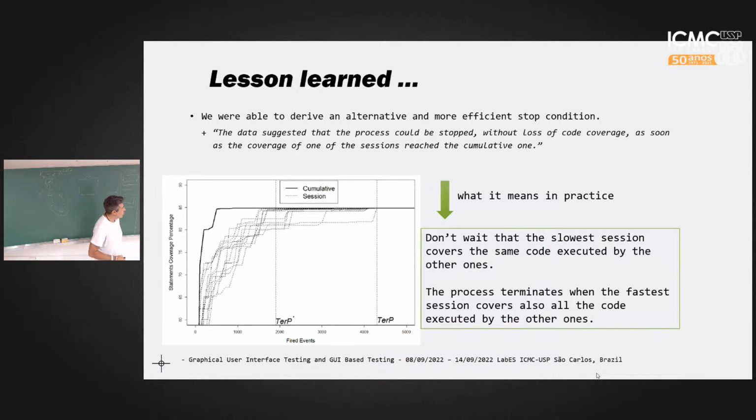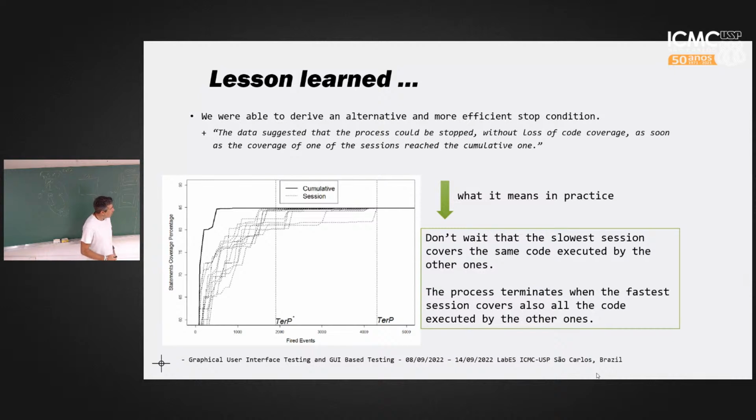In other words, I stop when the smartest or the luckiest of us covers all the reachable code or all the reachable states of the ecological park. Do you understand this intuition?